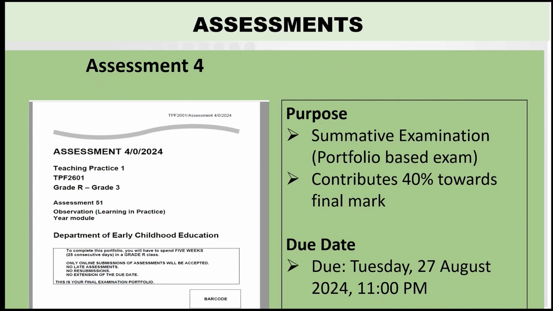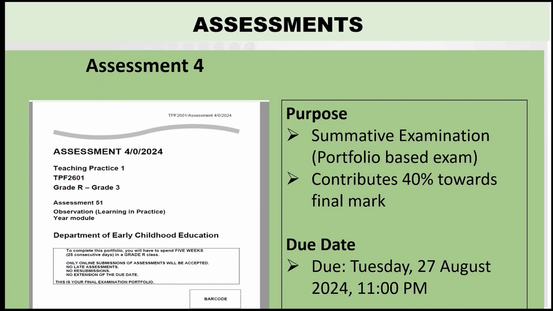Assessment 4 is also your summative examination, which is a portfolio. It contributes 40% towards your final mark. Assessment 4 and assessment 3 together, they contribute 80%.